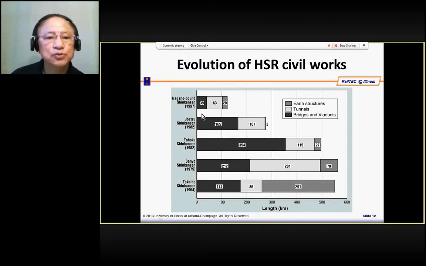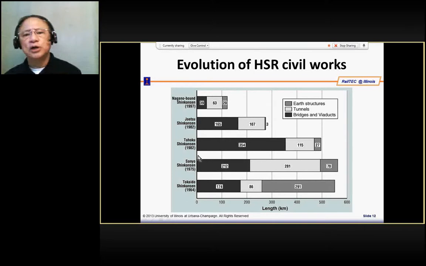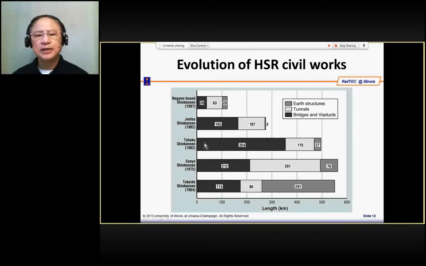The most recent one is still the same, more viaduct. This is the shorter one, but it's still more viaduct than earth structure. So what you see here is a trend. The viaduct structure is being used more often in newer Shinkansen.